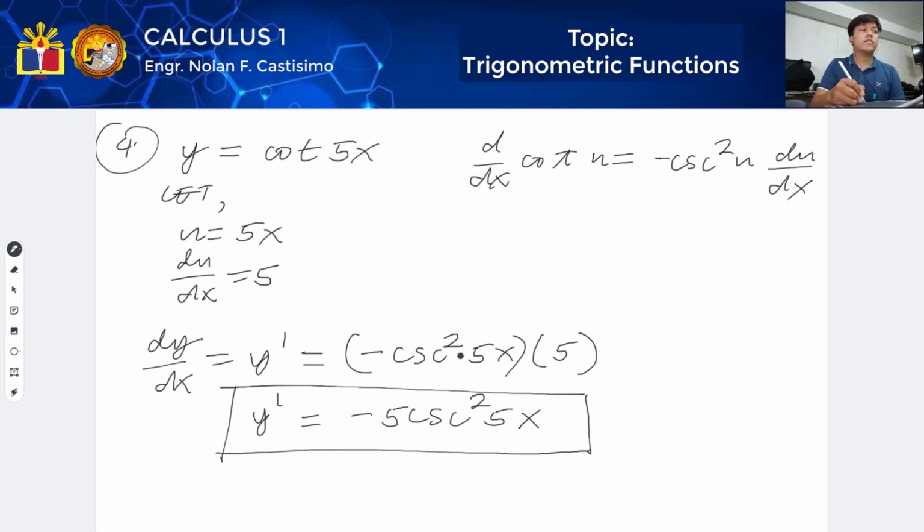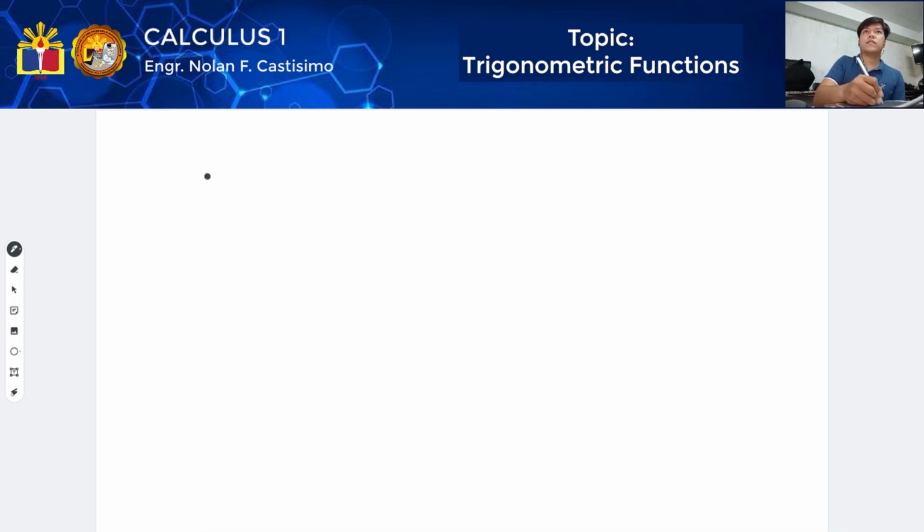Next, example number 5. Example number 5 for secant problem. So, y is equivalent to 6 secant 3x. Yan.